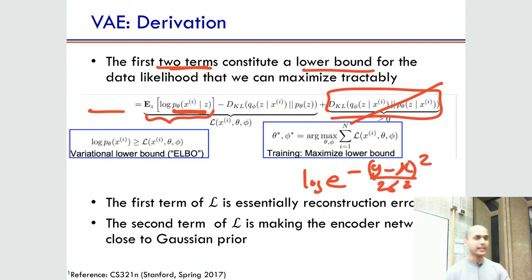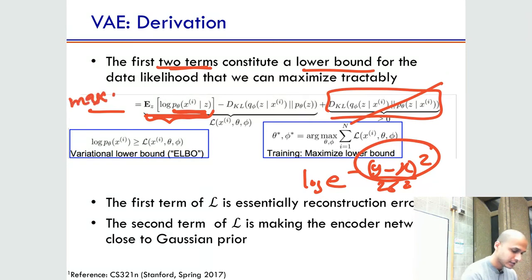If you take the log, the exponent cancels, and there is a negative of (y minus mean) the whole square, right? So all I'm saying is this term here boils down to something which is a squared term. First of all, we want to maximize the likelihood. Maximizing likelihood is the same as maximizing these 2 terms on the right hand side, this term and this term. Now I'm just saying that maximizing the first term is the same as maximizing minus (y minus mu) the whole square. It's the same as minimizing (y minus mu) the whole square, roughly, which is the reconstruction error.